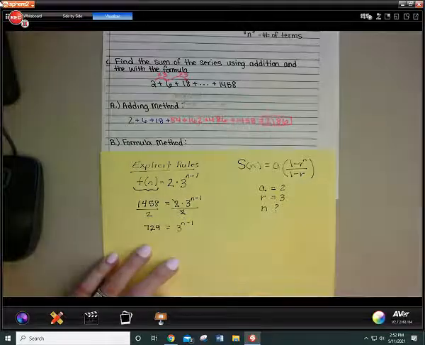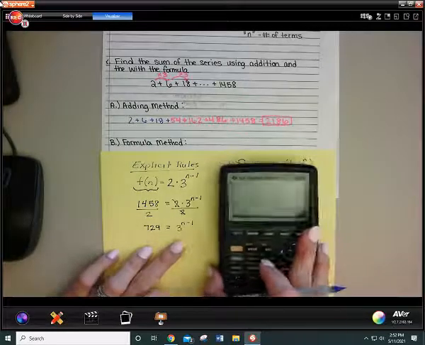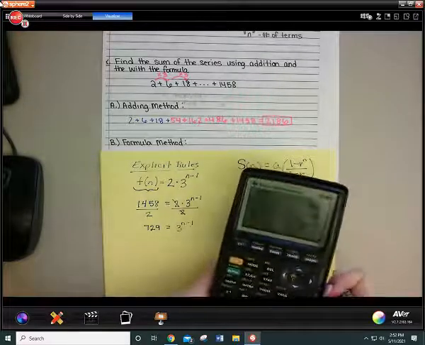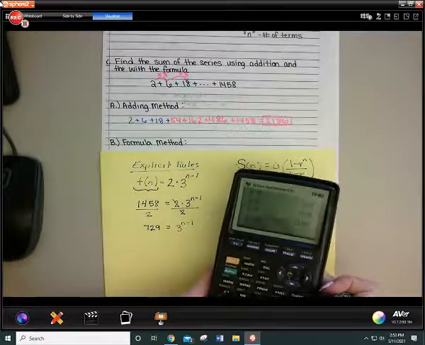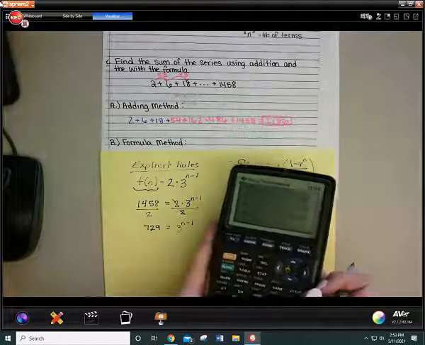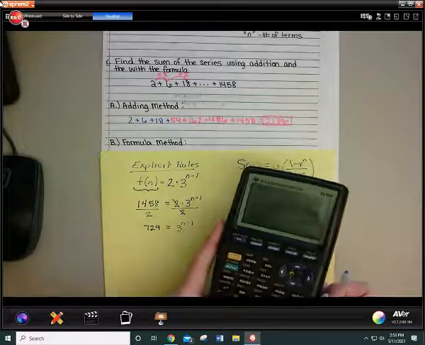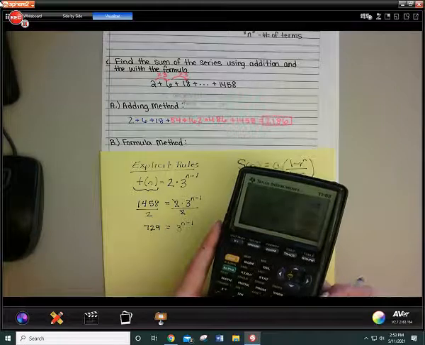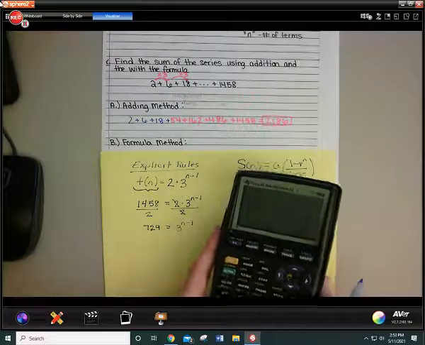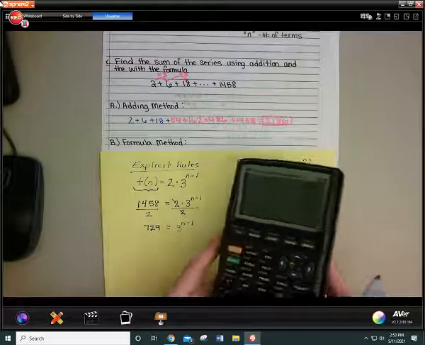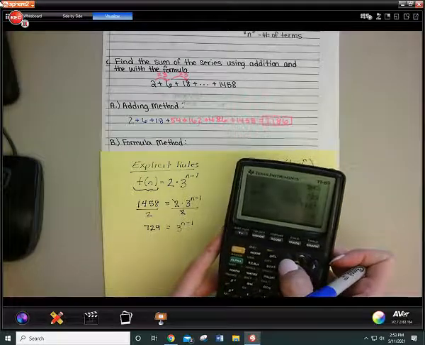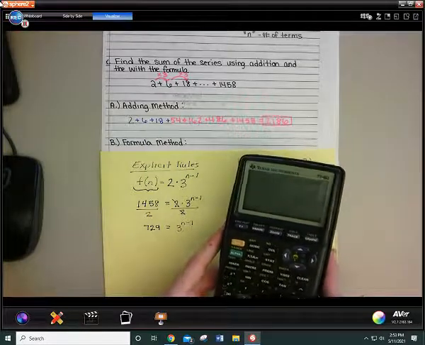And so again, you could just grab your calculator and say 3 to the, put parentheses around it. I don't know if you guys can see that well. Then I can plug in a 1 for the n, but I know that's not going to be 729. On the graphers, I'm going to hit second enter, backspace, and plug in a 2.